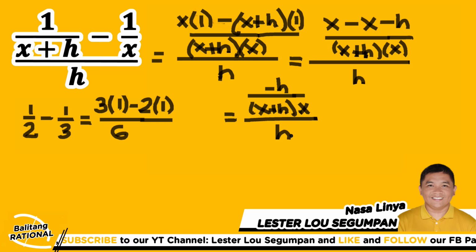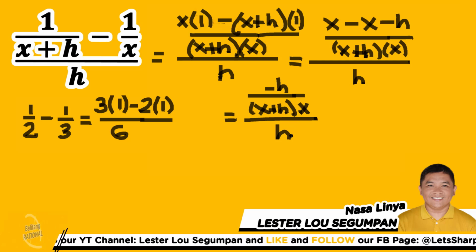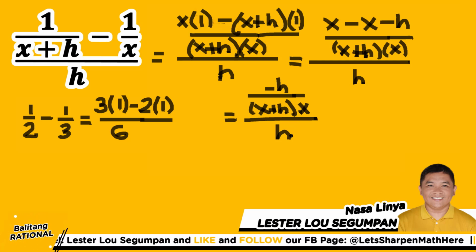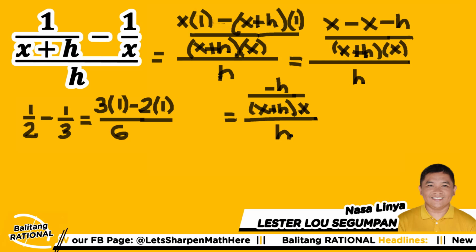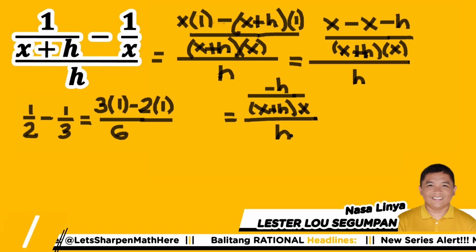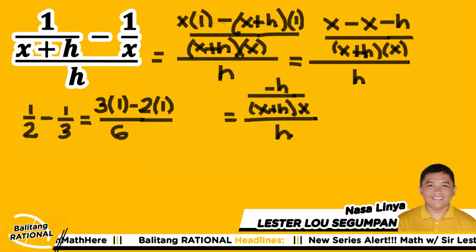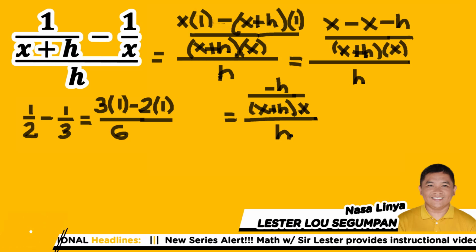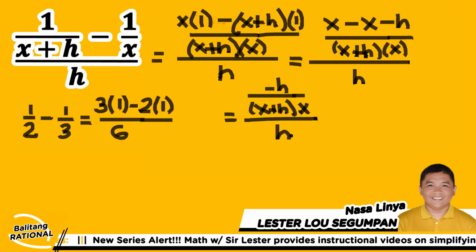Take note, we are dividing po. Yung divide natin ay dalawang rational expression. Kahit na h lang po yung denominator natin, it's not considered as rational expression. And whenever we divide rational expressions, yung gagamitin natin is yung keep, change, flip method. Where we keep the first term, we change the operation to multiplication, at saka we will reciprocate yung denominator. Kaya po nito.